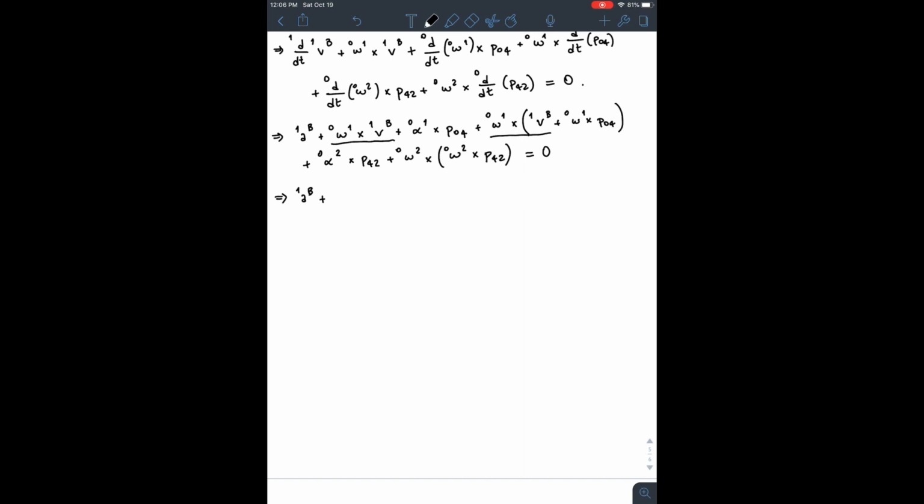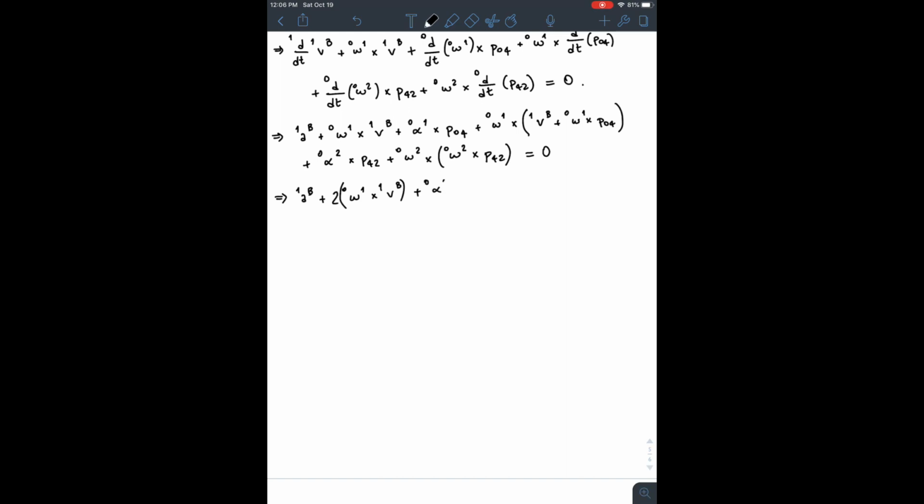So we can join those together to say 2 times angular velocity of 1 in 0 cross velocity of b in 1. Okay, so this is 2 times angular velocity of 1 in 0 cross velocity of b in 1. Two of those.